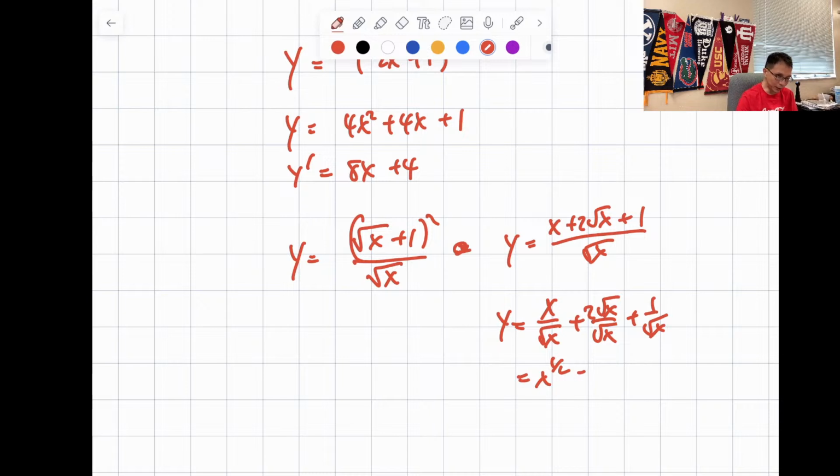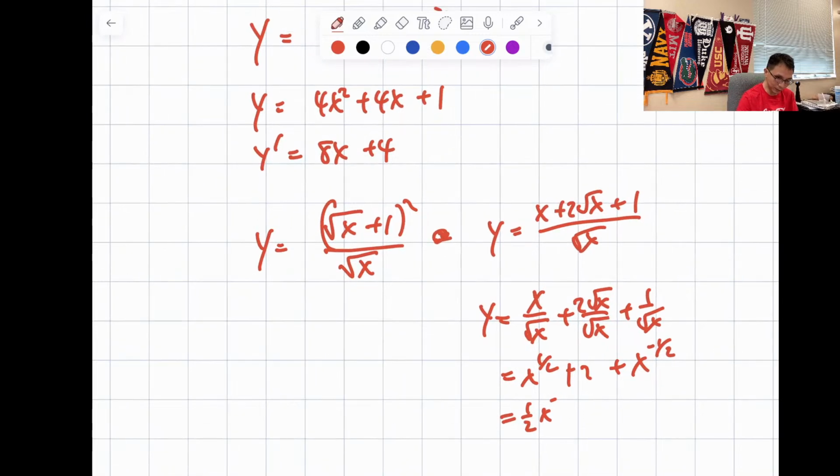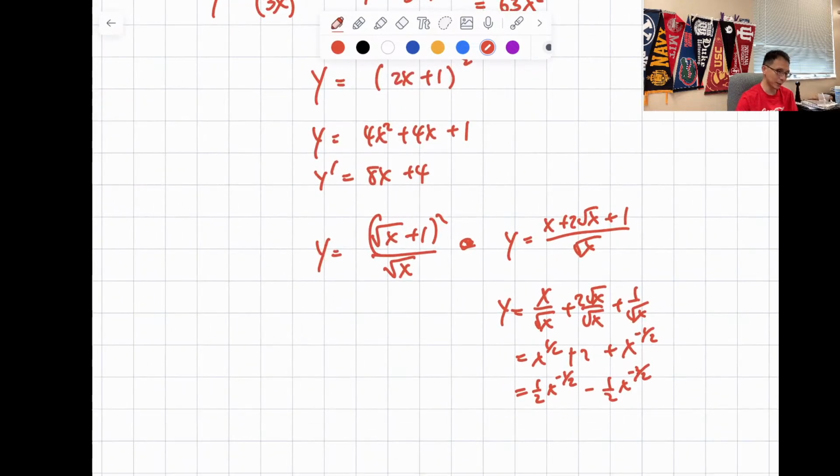I can split them, and now I can take a derivative individually. So 1/2 x to the negative 1/2, and the derivative of 2 is 0, and this is negative 1/2 x to the negative 3 over 2. I'm so sorry I extended a little bit longer, but I just want to make sure that you do the last part: split them all up, expand them, split them, and then take a derivative.